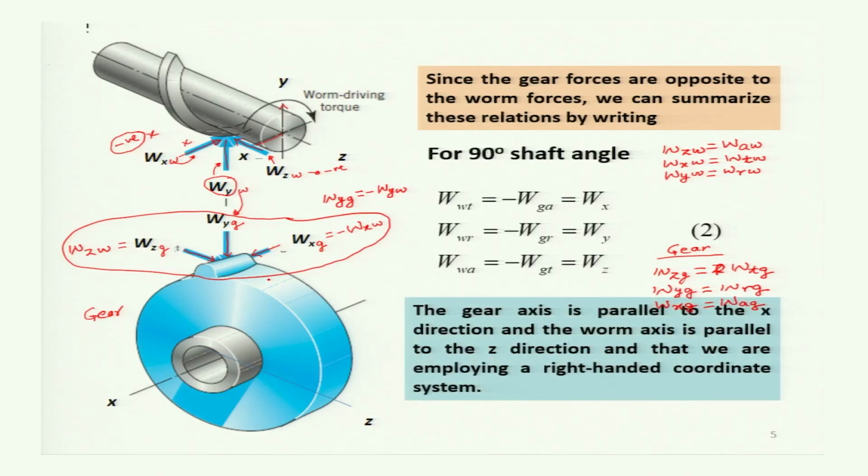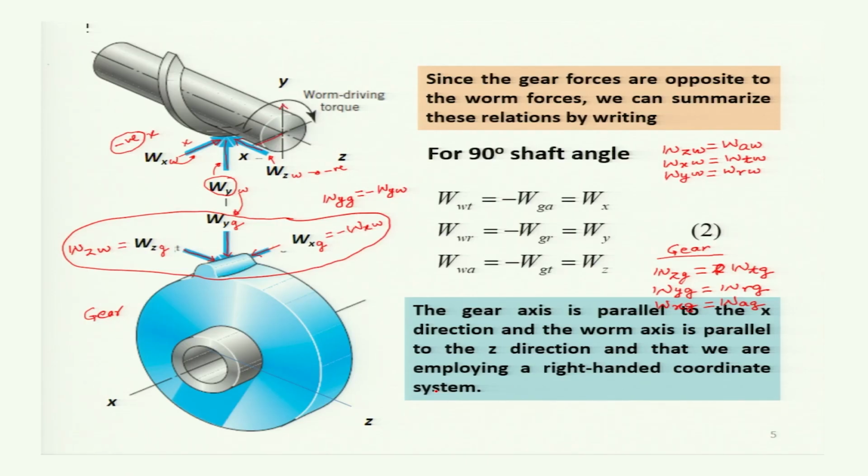This is shown here. The gear axis is parallel to the x direction, and the worm axis is parallel to the z direction, and we are employing a right-handed coordinate system. A right-handed coordinate system is the system in which, in a nut and bolt arrangement, if the nut is constrained to rotate and the head of the bolt is given rotation in the clockwise direction, then the nut comes towards the head of the bolt.